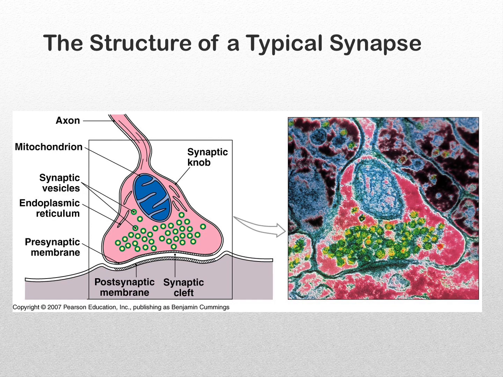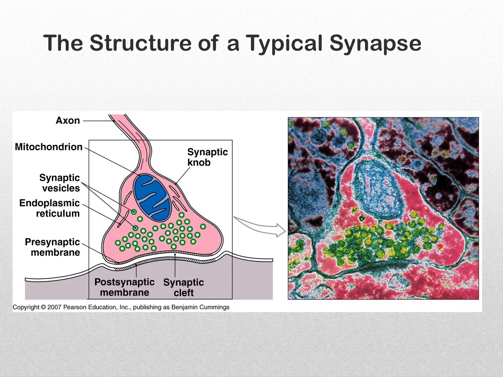It's next to, we have a presynaptic membrane of the first neuron, and then it's going to be next to either a neuron or another type of cell so that it can release its neurotransmitter, which is in a vesicle, into the synaptic cleft.